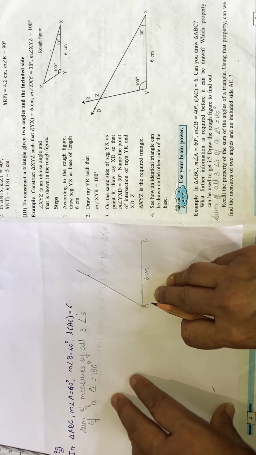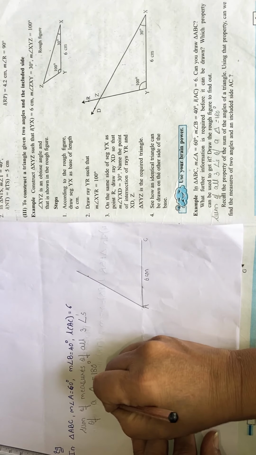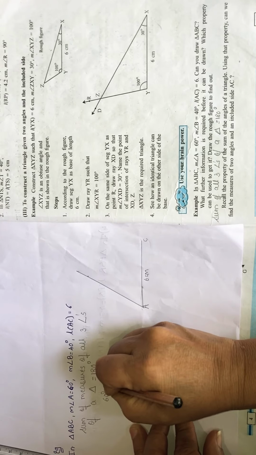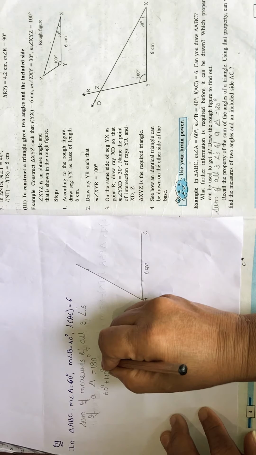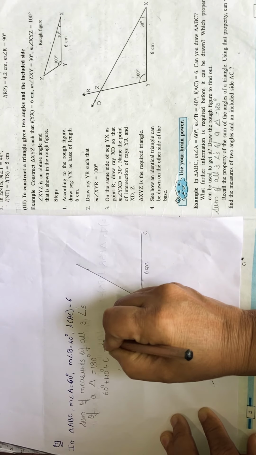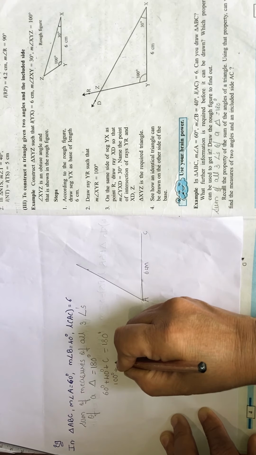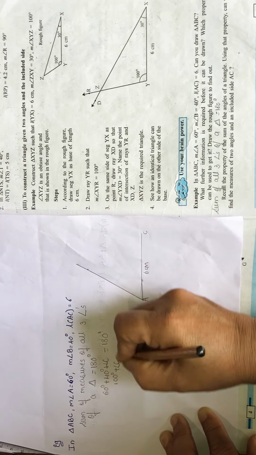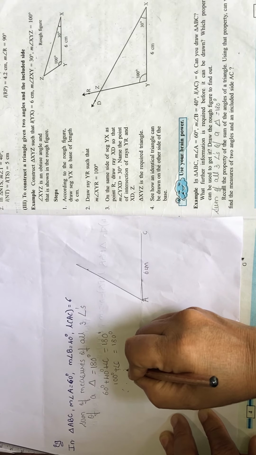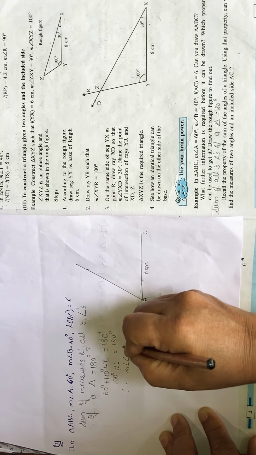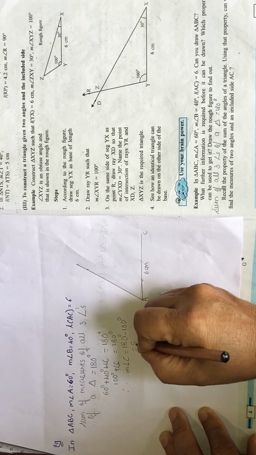Now here we have 60 degrees plus 40 degrees. So measure of angle A, that is 60 degrees, plus 40 degrees plus angle C is equal to 180 degrees. So 100 degrees plus angle C is equal to 180 degrees. Therefore measure of angle C is equal to 180 degrees minus 100 degrees, that is equal to 80 degrees.